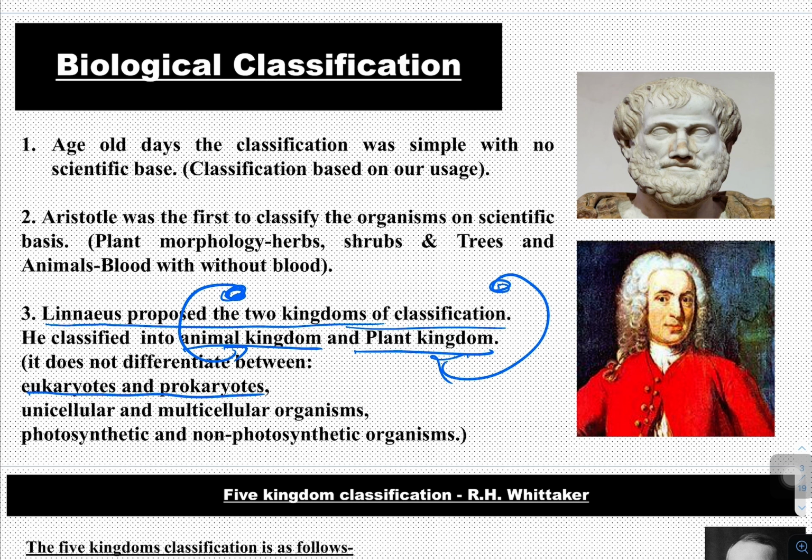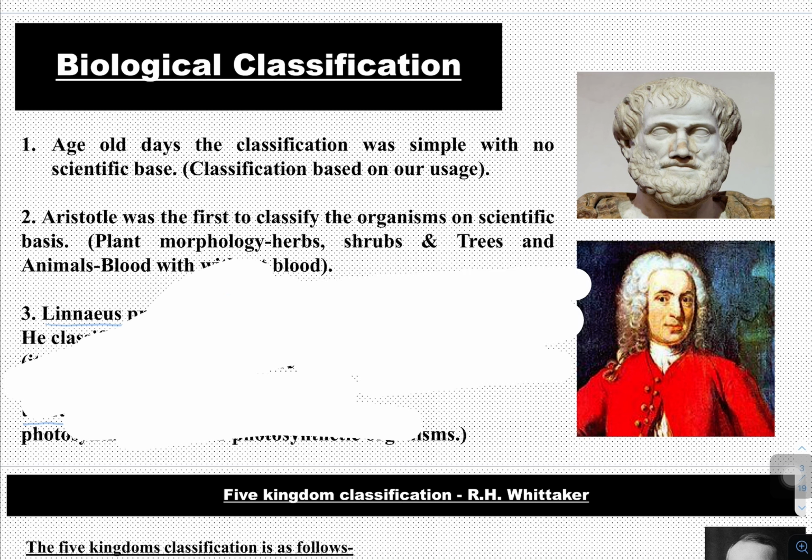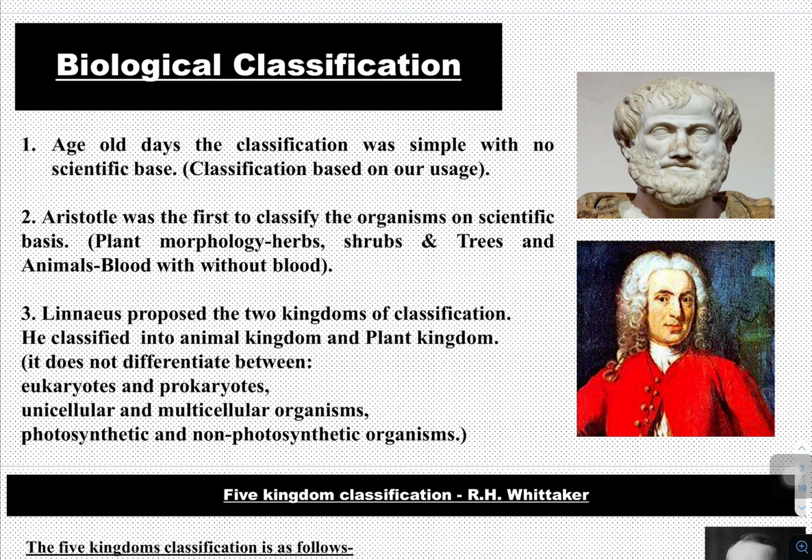He did not classify the organisms which are prokaryotes and those which are eukaryotes, and did not give any mention on this. He also did not consider the cellularity of the organism, whether they are unicellular or multicellular, and whether they are photosynthetic or not. All these aspects were not considered. Very little scientific base was considered, and based upon that the organisms were classified.